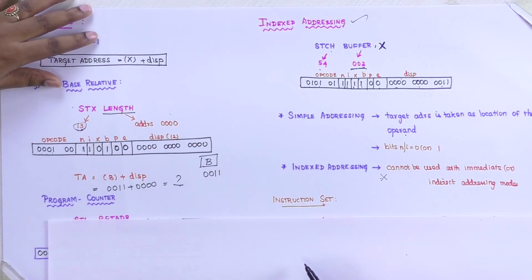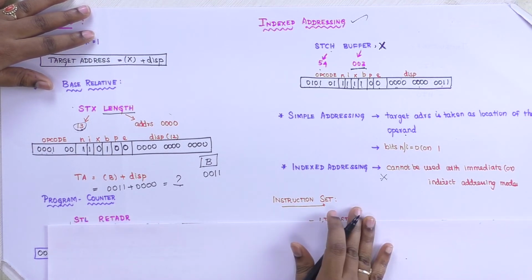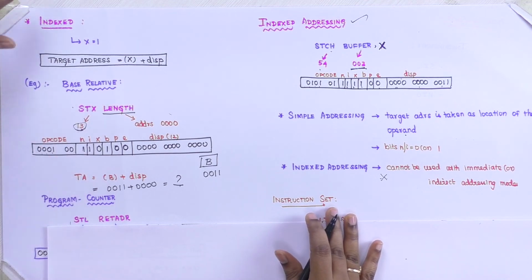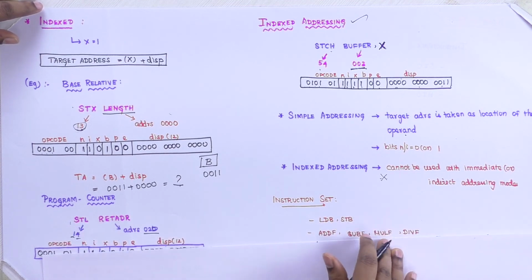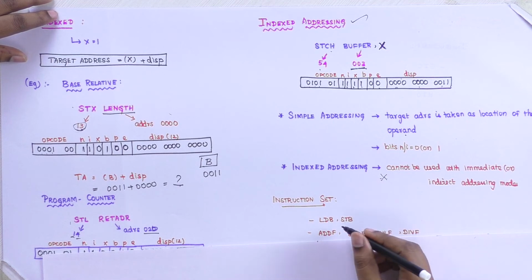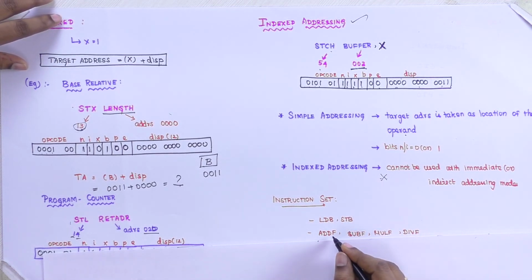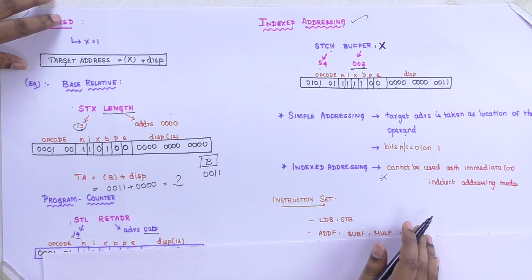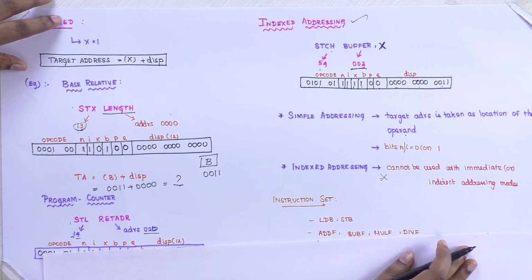Then coming to the next hardware feature, instruction set. In addition to the instruction set that we have seen in SIC, we have some other instructions, LDB and STB, that is load and store the registers. Since floating point hardware is available, floating point arithmetic operations are available in SIC/XE, that is ADDF, SUBF, MULF and DIVF.